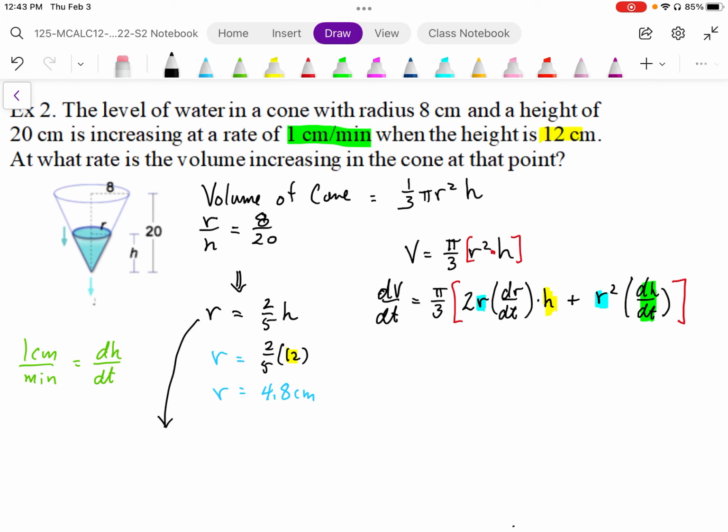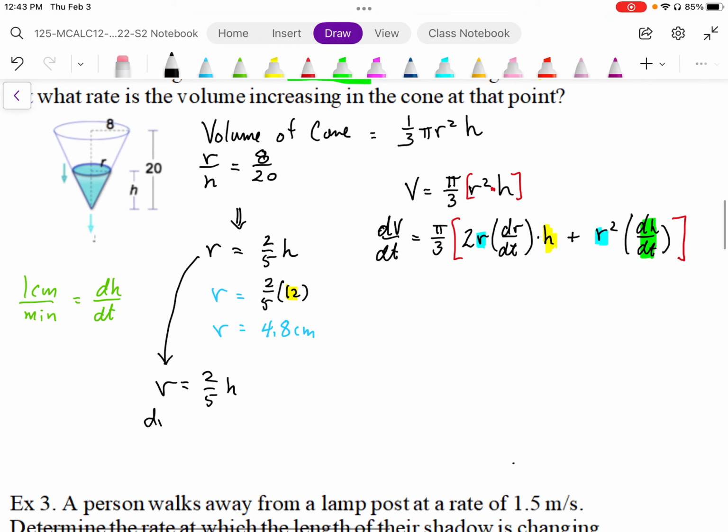Well, if I take a look at this expression here, I know the r value is equal to 2/5 the height. That means that the change in the r, or dr by dt, is going to be 2/5 the change in the height, or dh by dt.